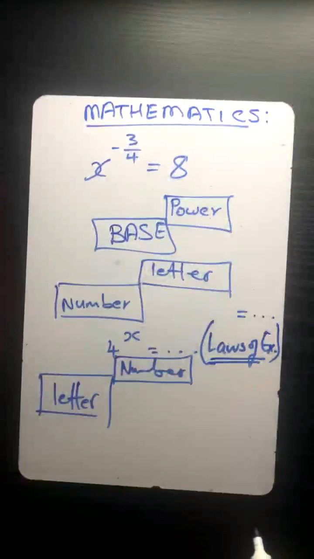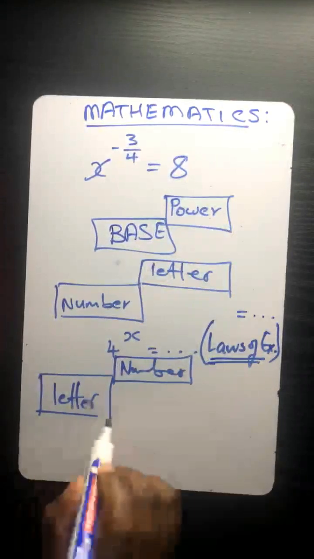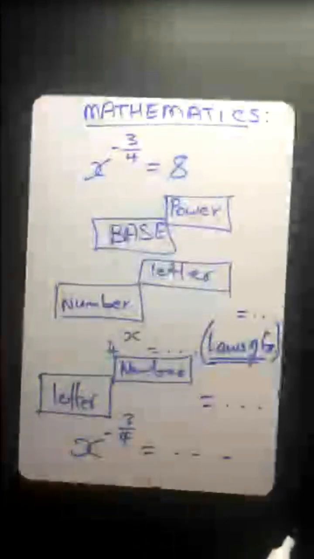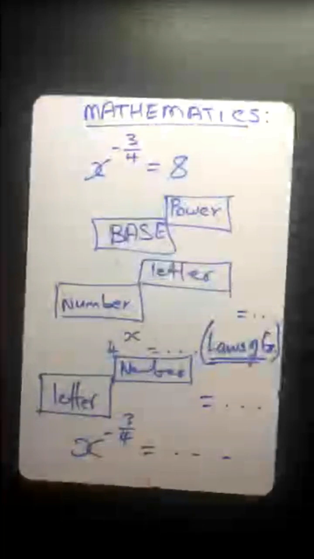For example, this one is the same as that one. You have the base being the letter, which still could be equated to whatever. In that case, it's 8. So someone might be confused in terms of where we use the laws of exponents and where we do not.